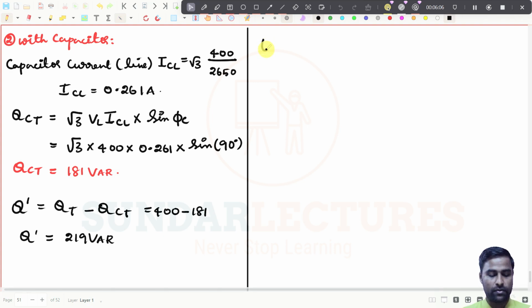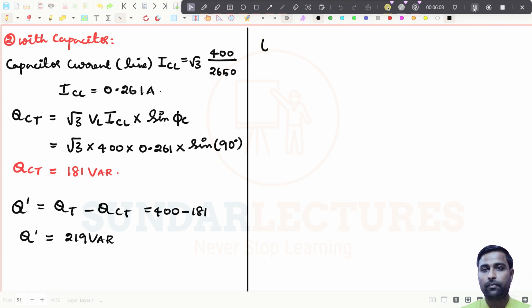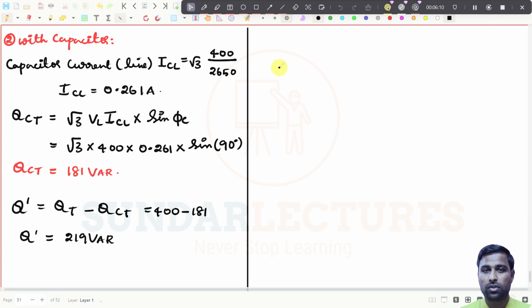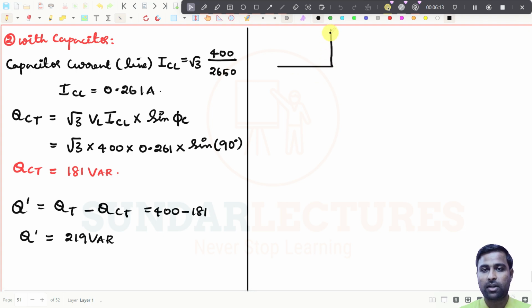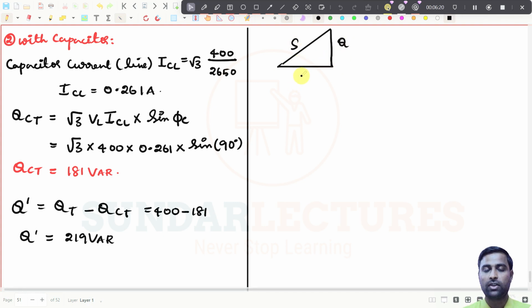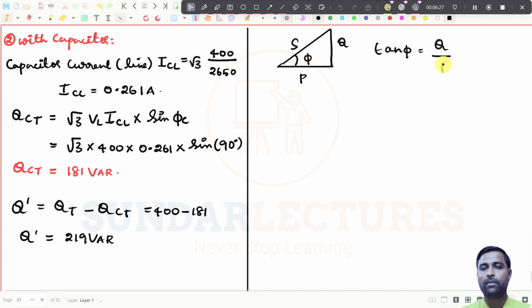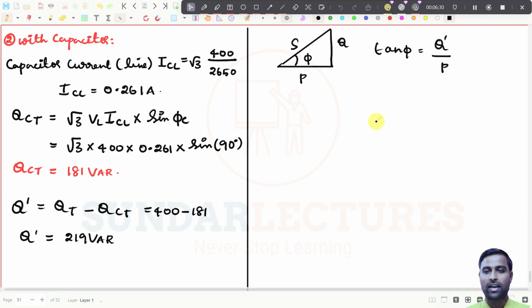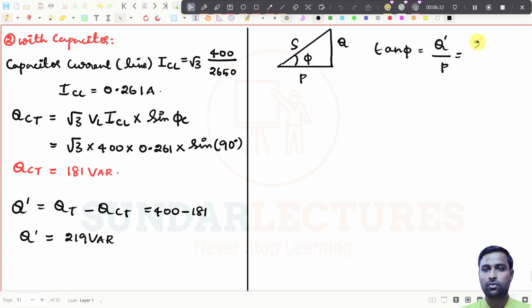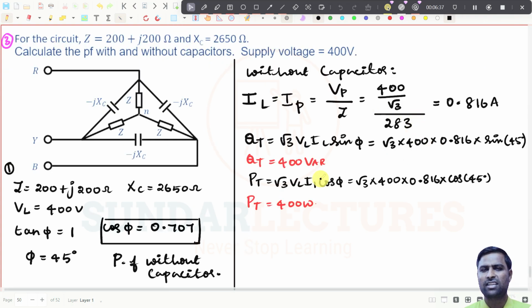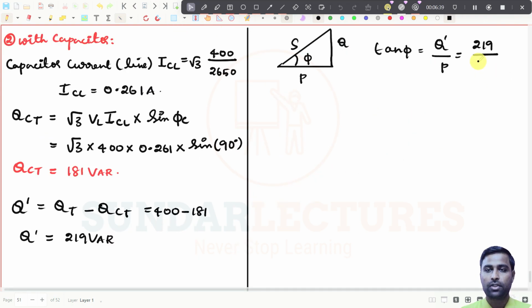Now if I want to find tan phi, I have already drawn the diagram, and I don't need to draw it again and again because you already know. This is the value of S, this is the value of Q, and this is the value of P. This is phi. So tan phi is Q divided by P. Now I will take Q dash, which is 219, divided by P. The real power will not change, so that is 400.